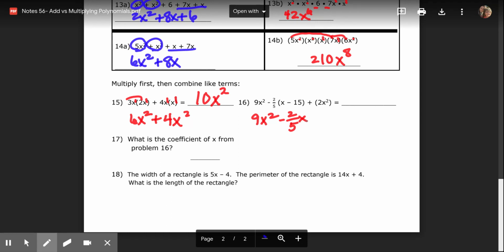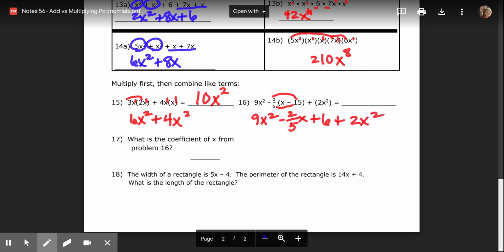So you can go negative 2 times negative 15. That's right, it's 30. 30 divided by 5 is 6. Now see, that wasn't that bad. And then plus, I'm not for sure why I put 2x squared in parentheses. It really doesn't need to be in parentheses, but plus 2x squared.